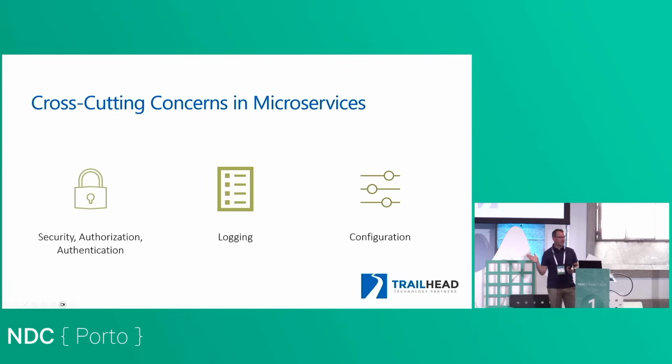If you're going to debug a microservices application where a user interacts with this microservice, which updates its database and publishes an event to a bus, and then 3 things subscribe to that event and they update something in their database, you can imagine if something goes wrong, it's going to be really hard to figure out. If you don't have really good logging, it's going to be hard to figure out what happened. So logging is very important, but it's also very difficult to do it in a way that doesn't create coupling between those microservices. And then the last one is configuration.